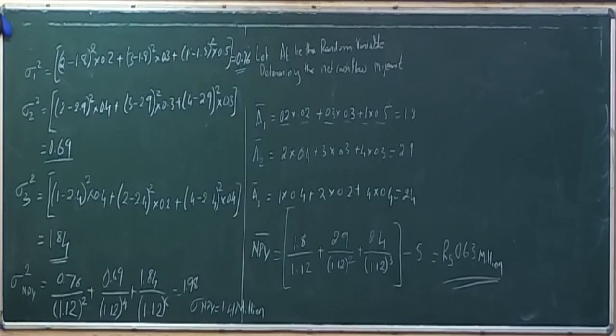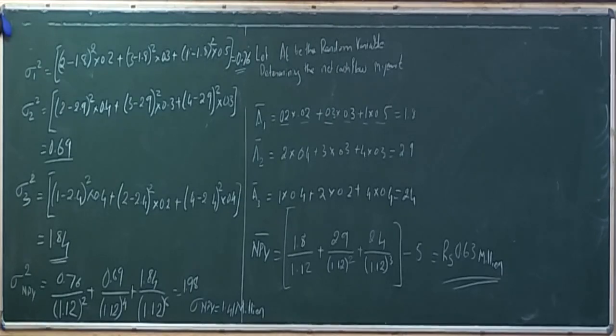This will give us 0.69. For the third year: 1 minus 2.4 raised to 2 into 0.4 plus 2 minus 2.4 raised to 2 into 0.2 plus 4 minus 2.4 raised to 2 into 0.4. This will give us 1.84 as the answer.